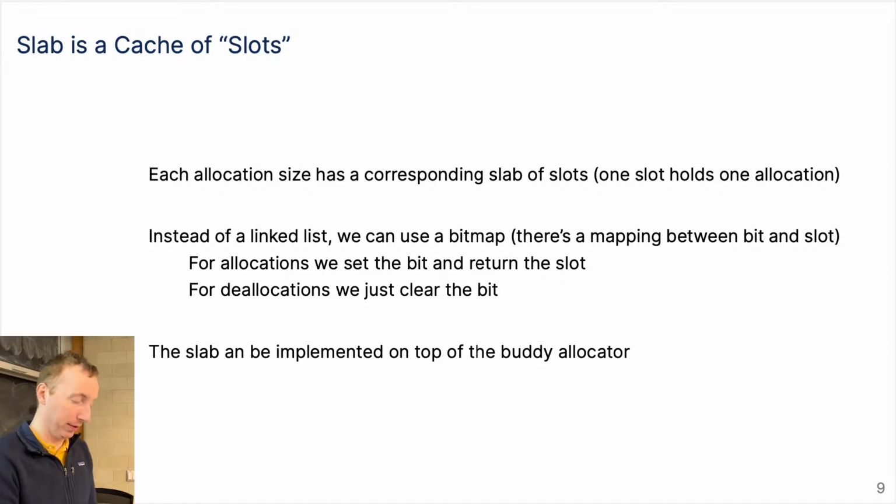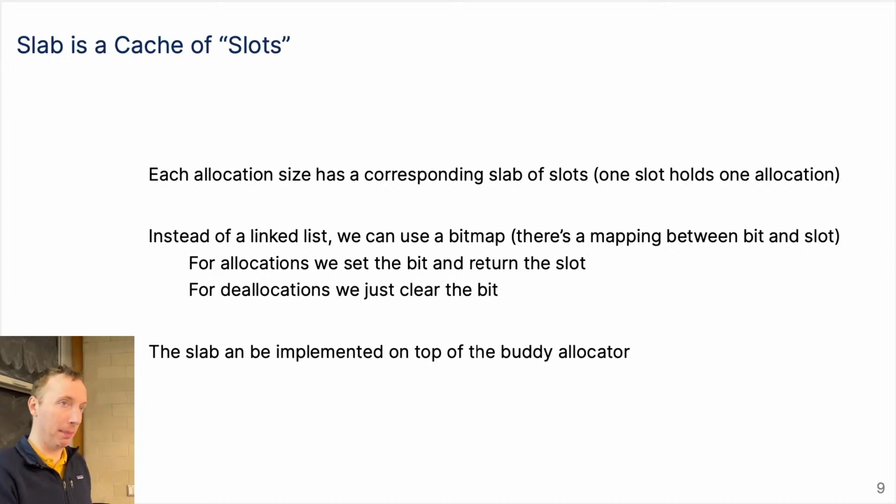So how you actually implement this is each allocation size just has a corresponding slab of slots, and one slot holds one allocation. So if all your objects or structures are 128 bytes, each slot would be 128 bytes. What you can do is instead of a linked list keeping track of things that are free, you can just use a bitmap.